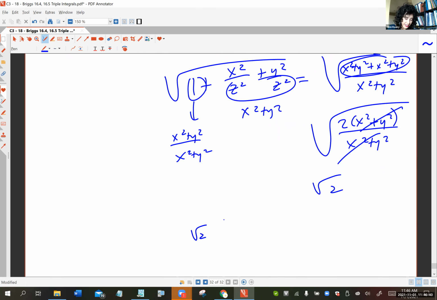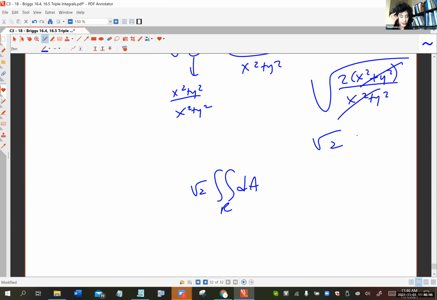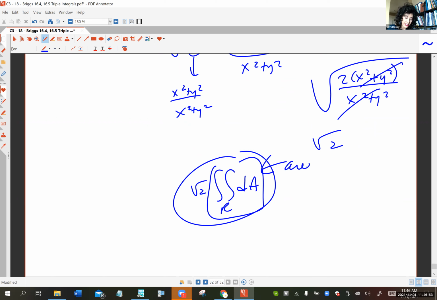Now, that's not the surface area, because you still have this double integral here. You're not done. You just figured out what the radical is. You still have to do this. But then this double integral is the area of a circle. What circle?